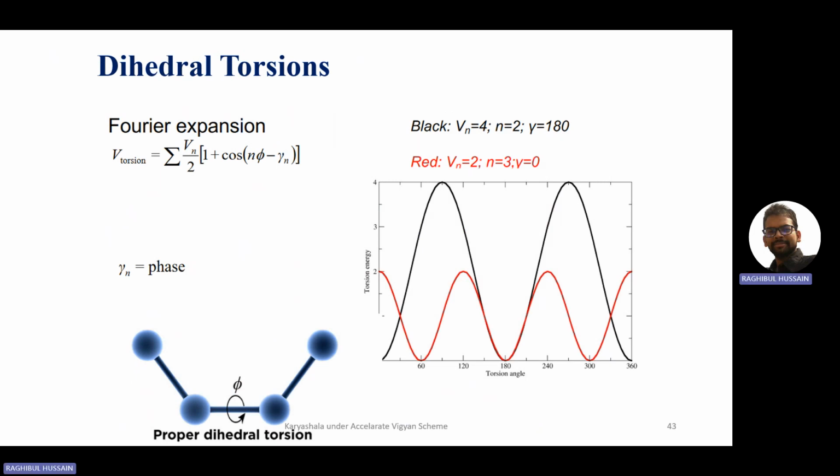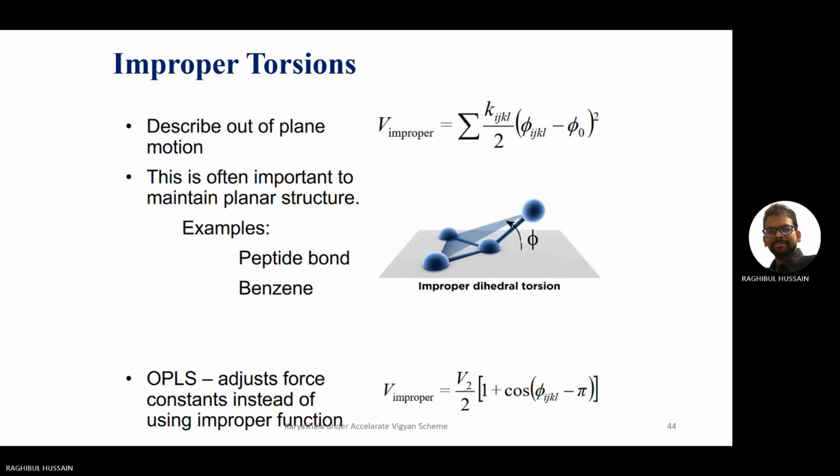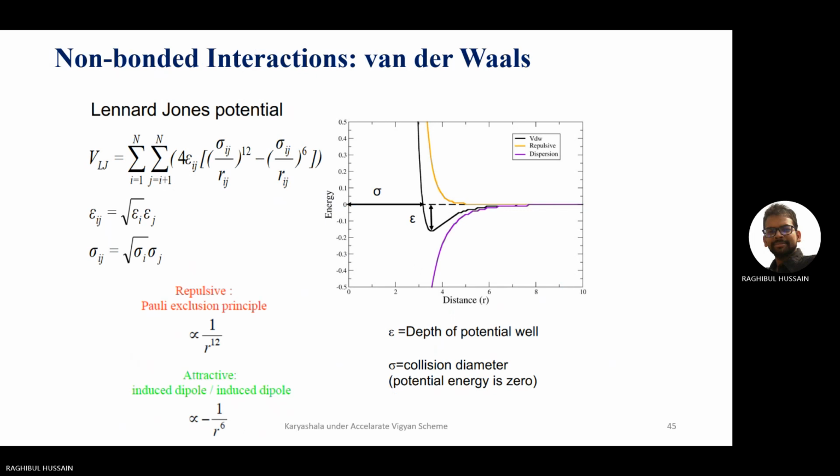Similarly, the dihedral can be attained with the Fourier expansion, because you can see that it is attaining the same phases as well as the same minimum. Then again, that is the improper, and this is my LJ part where the mixing rules are added to get the unlike interactions.